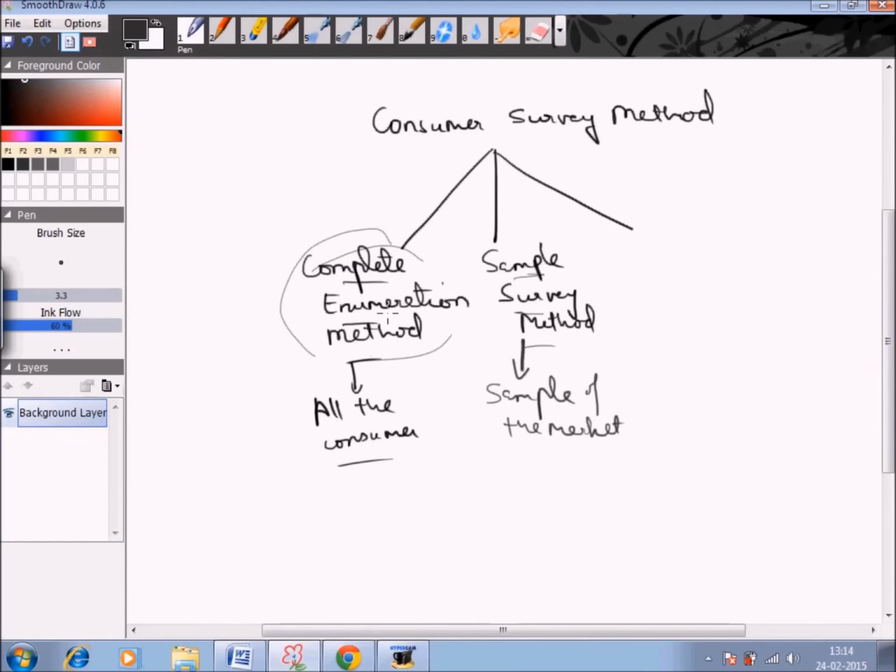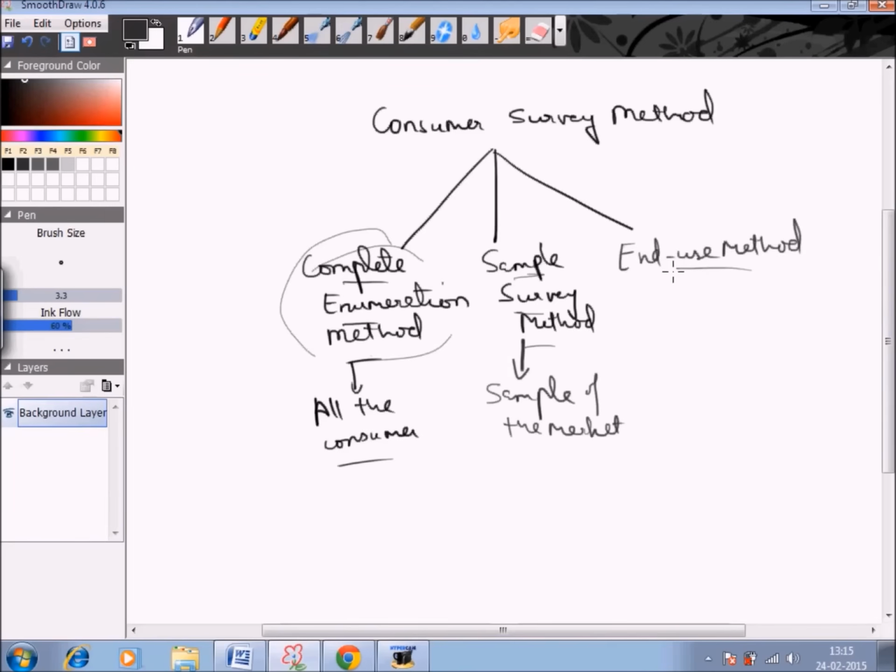So in the complete enumeration method, we take all the consumers. Under the sample survey method, we just take a particular sample of the market, which will actually give us the data about the whole demand of the market. And the third method is the end use method.